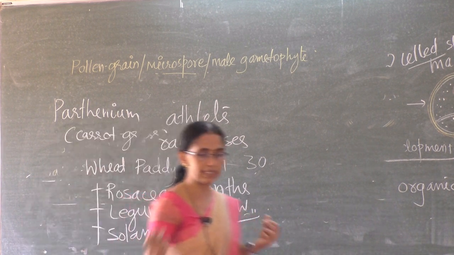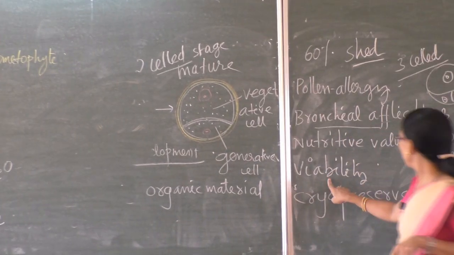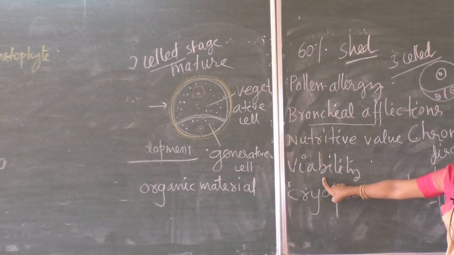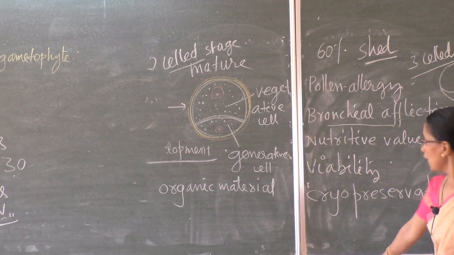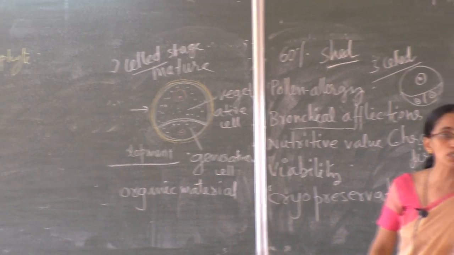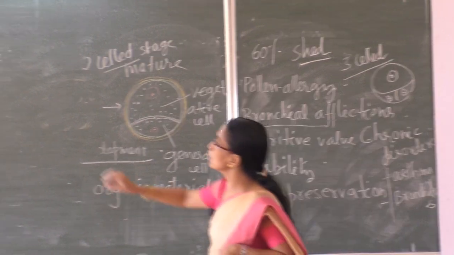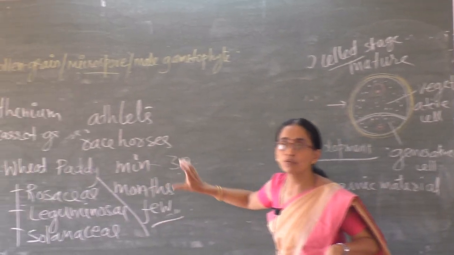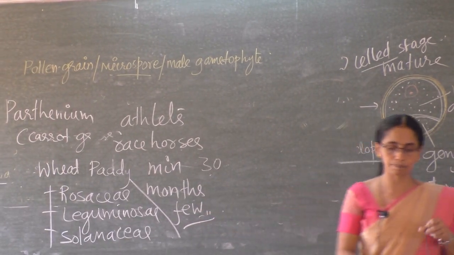So viability refers to how many days they survive after their release from the anther. It varies from species to species, in few cases a few minutes, in few cases a few months.